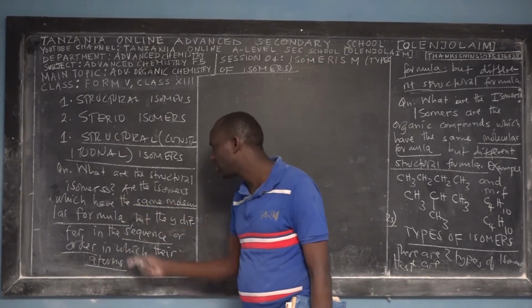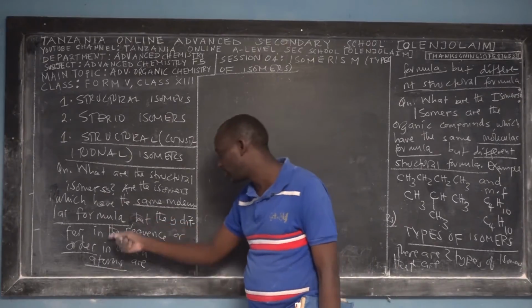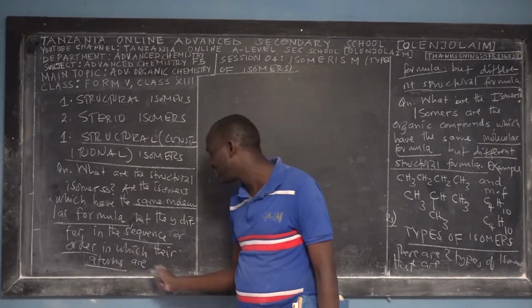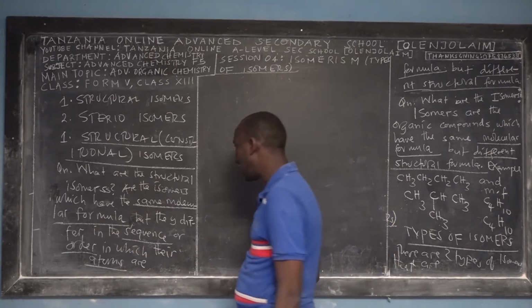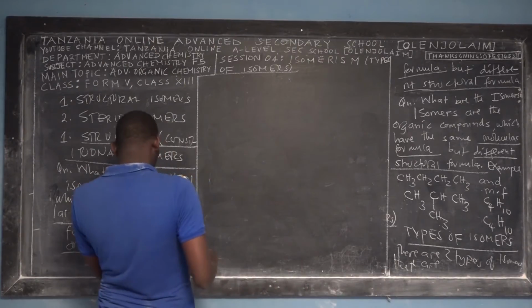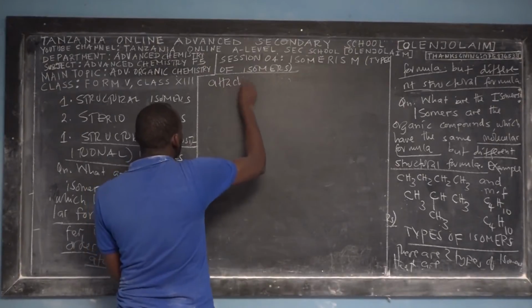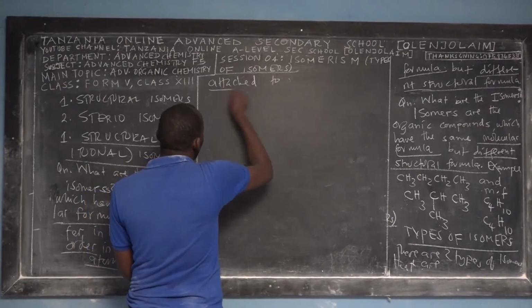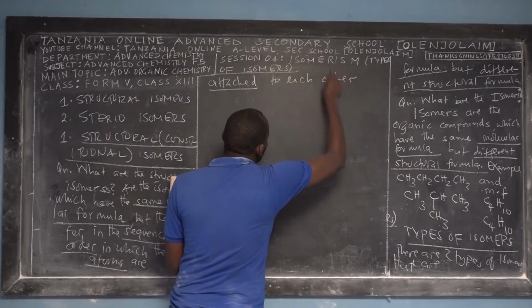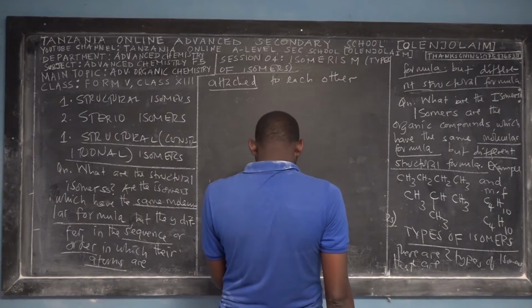What are the structural isomers? They are isomeric compounds which have the same molecular formula, but they differ in what? In the sequence or order in which their atoms are attached to each other.